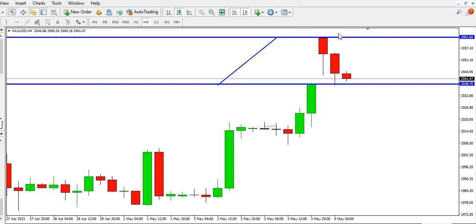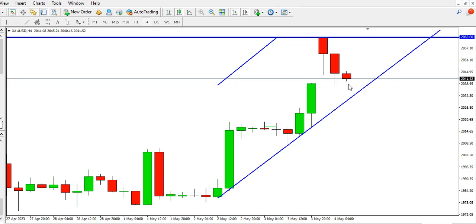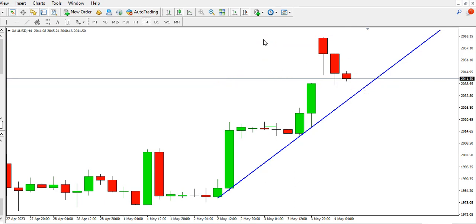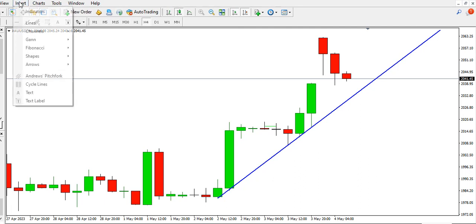So price has filled the gap and the bears are still trying to push price further down. Let's mark up a trend line. We can have a trend line here on the 4-hour time frame. This particular area around here can serve as the support for price.